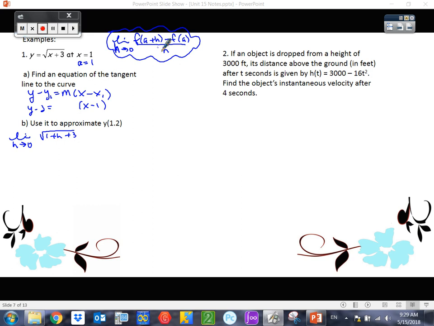That gives me this portion. Okay, I've just done the f of a plus h portion. Minus, then f of a. So that means I'm going to take this number and plug in for x. So 1 plus 3, all over h. Okay, so my first step is simply substituting into that formula. How are we doing with that? Any questions on that?